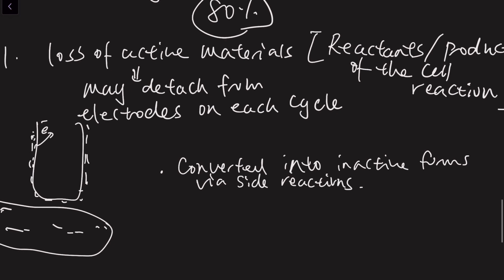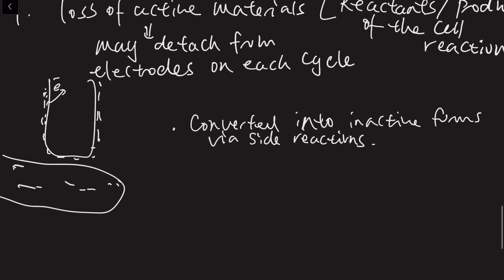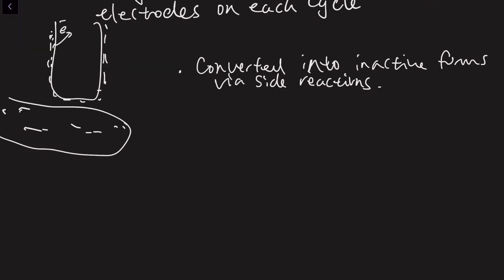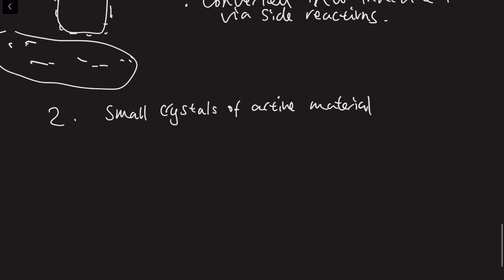So the active materials can actually be converted into something inert by these unwanted side reactions or secondary reactions. The second possibility is that during this discharge and recharge cycle, you convert small crystals of active material into large crystals.